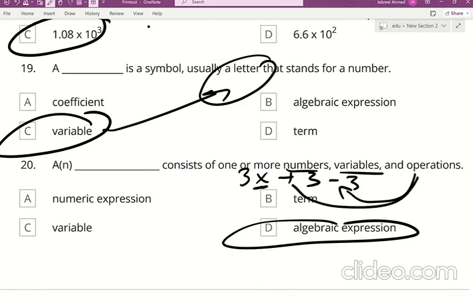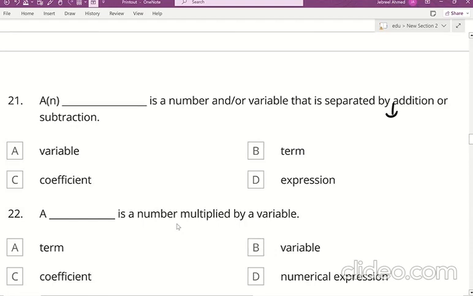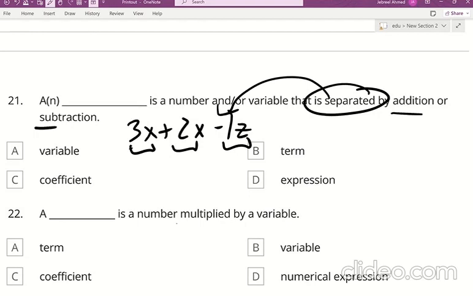These are operations, right? Multiply, subtract, divide, add. I don't think this will come on the exam, but 3x plus 2x minus 1z. So these over here are called terms. They're separated by addition or subtraction.